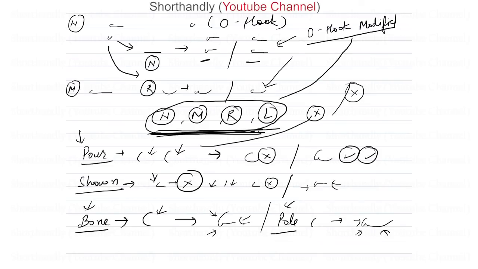Then we have this R, so we can simply make the O hook modified like this, or like this. And finally we have this L, so we can use this O hook modified with this L like this. Alright, like this.